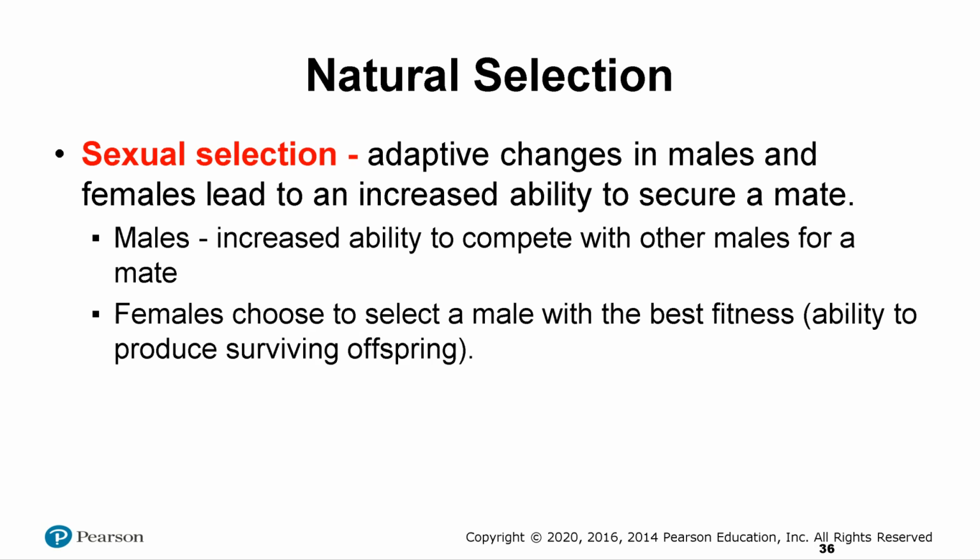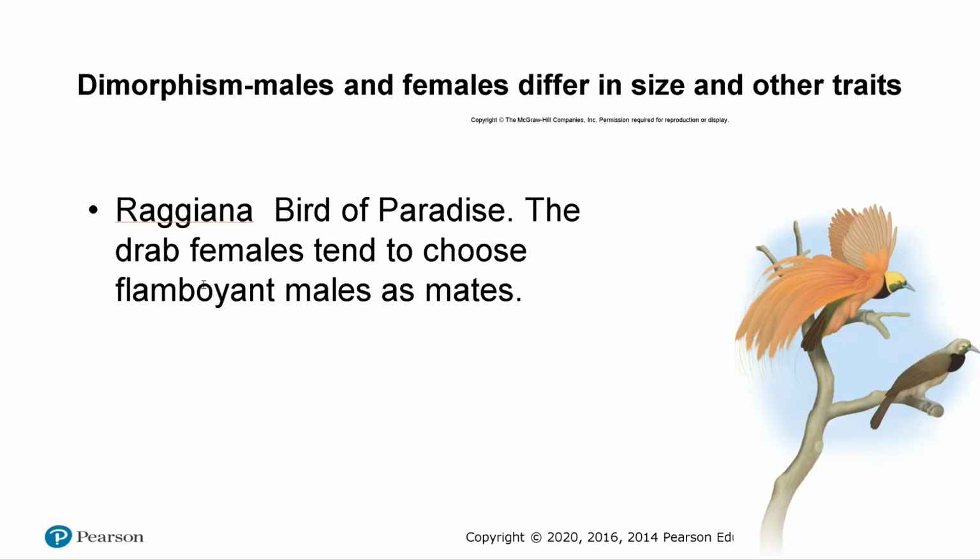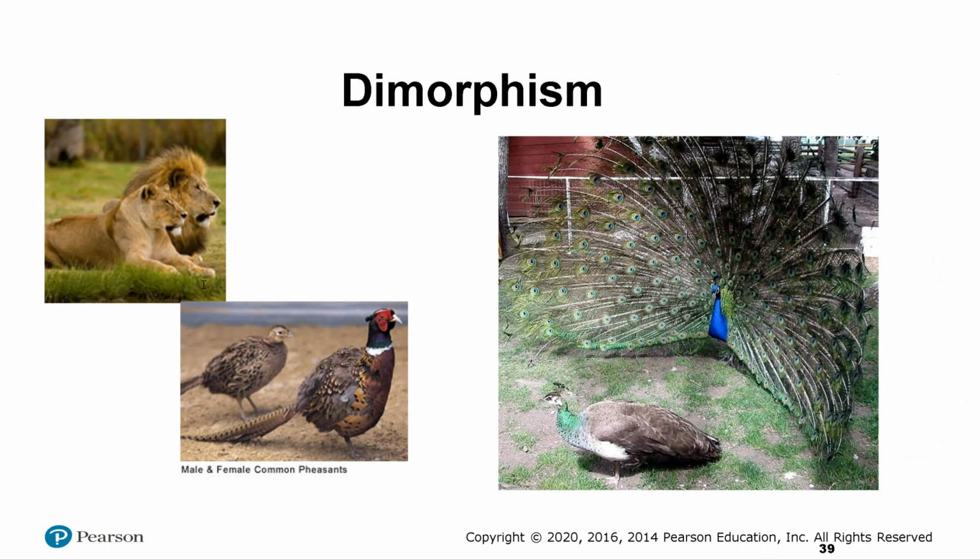Within natural selection there's something called sexual selection. These are adaptive changes in males and females that lead to an increased ability to secure a mate. Males compete, females choose. There are a couple of hypotheses about that, but we don't need to know that too much for our purposes right now. But with dimorphism, if you see a pretty bird, usually that bird is a male because of sexual selection.